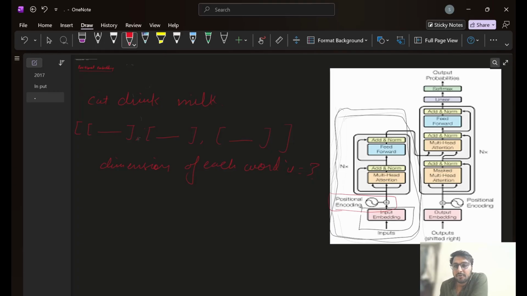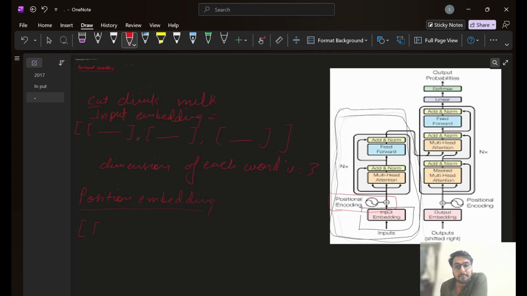So what we can do is create a new position vector and add it to our initial input embeddings. Now you might be thinking, how do we create positional embeddings?